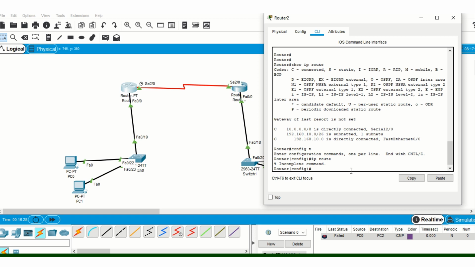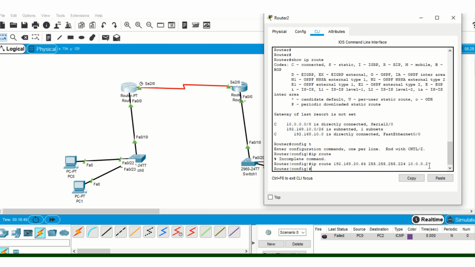Config T, IP route, paste, then its subnet mask 255.255.255.224 and next hop address 10.0.0.1. No sorry, this one, it will be 10.0.0.2.